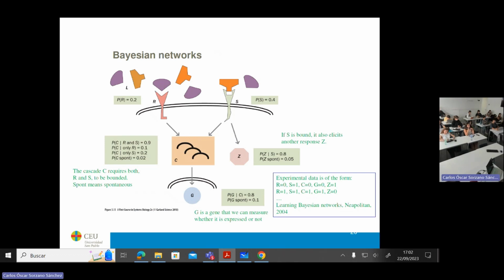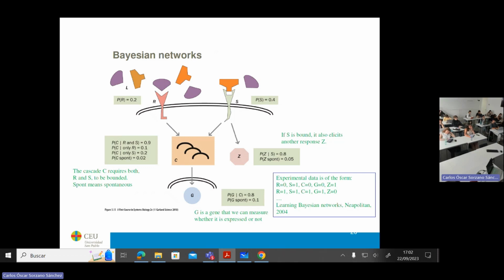For instance, here, you can have a gene that is expressed here in the nucleus. You can measure whether the gene is expressed or not. But the expression of this gene depends on some cascade. So there is a cascade here, and the cascade may spontaneously activate.